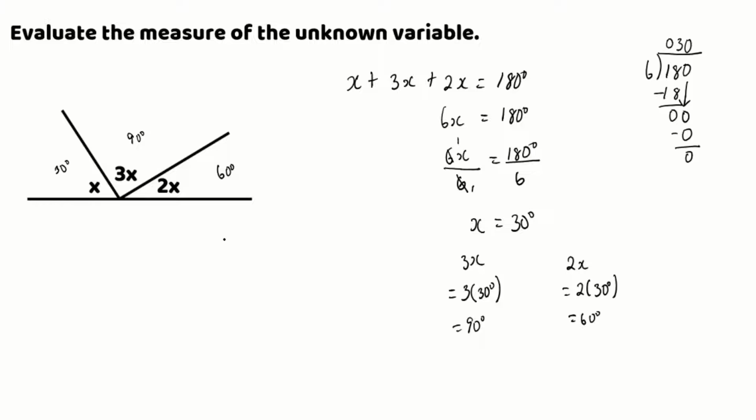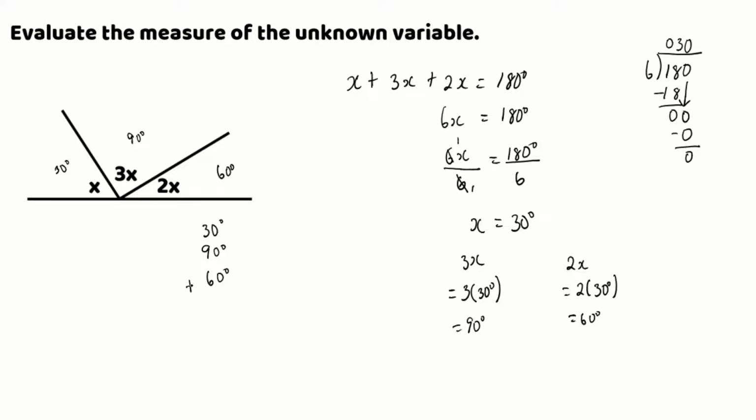Now, after we've performed this calculation where we found the measure of each of our angles, there is still one last step for us to perform, which is to check our answers. So we're going to check our answers by summing all of these different degrees together. So we're adding our 30 degrees plus our 90 degrees plus 60 degrees.